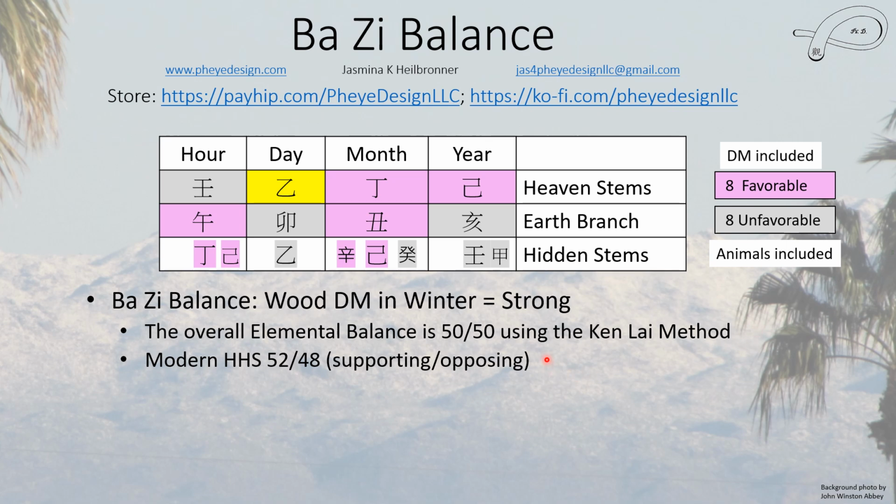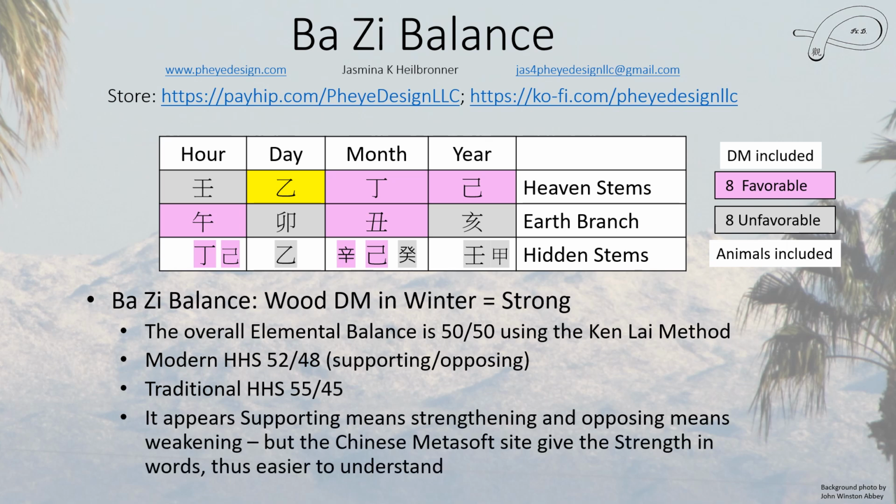The modern HHS gives 52-48. The traditional gives 55-45, which probably would say strong, because this supporting is supposed to make you stronger.